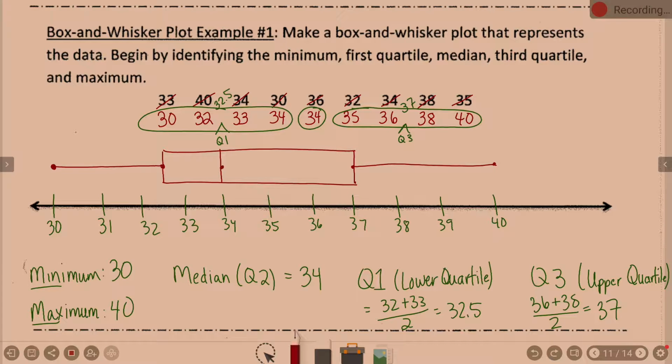And so what we can notice here is, if our median's right here, 50% of our data is below 34. 50% of our data is above 34. From 32.5 to 37, that's the middle 50% of our data. Things like that.